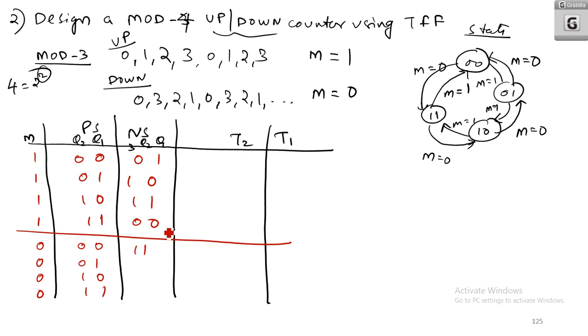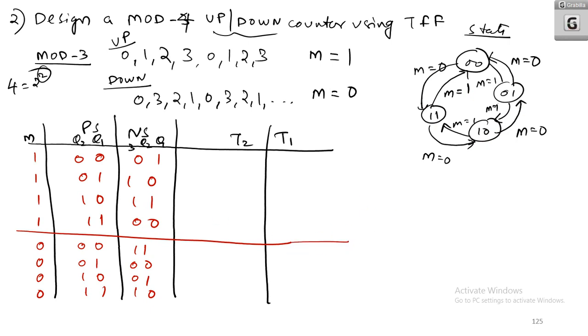If it is 01, next state is 00. 10 means next state is 01. 11 means next state is 10. Now from here I should write the value of T2 and T1.